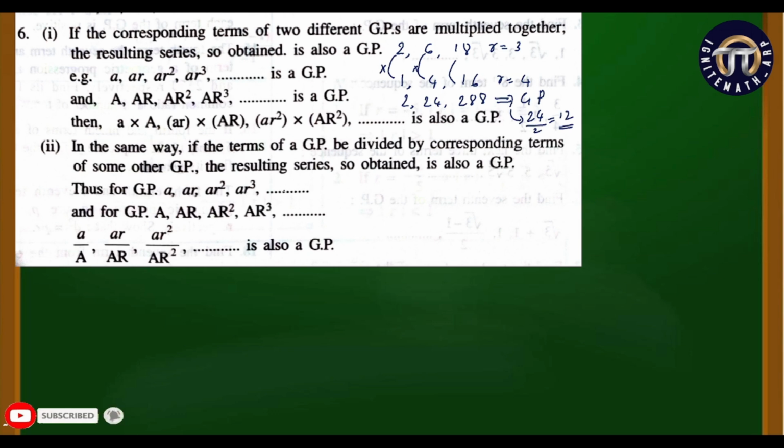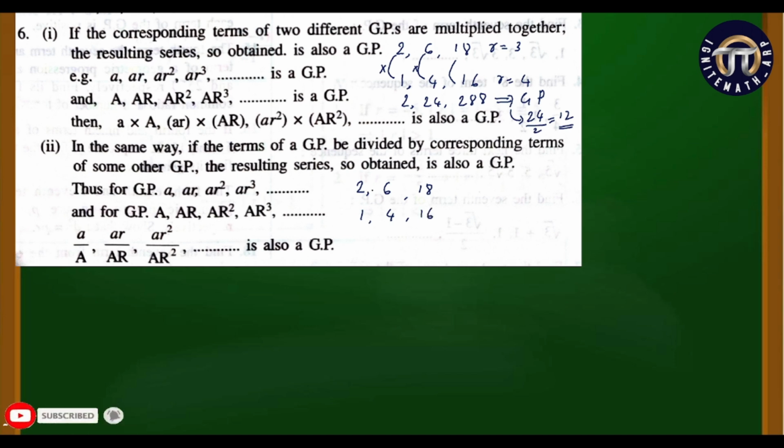Clear, children? So the other property says that in the same way, if the terms of a GP are divided by corresponding terms of another GP, then the resulting series so obtained is also a GP. Here I have multiplied; now I will divide and show it to you. I'll consider the same GPs 2, 6, 18 and 1, 4, 16.